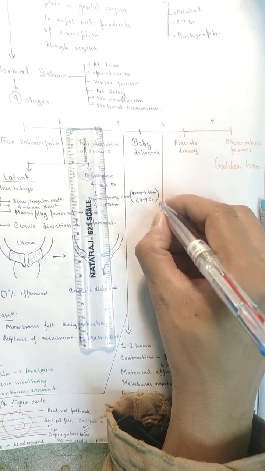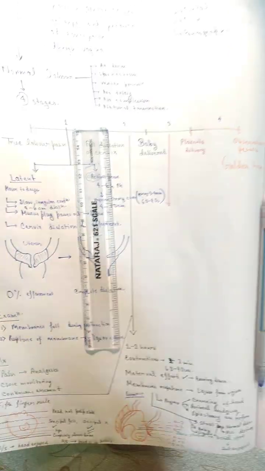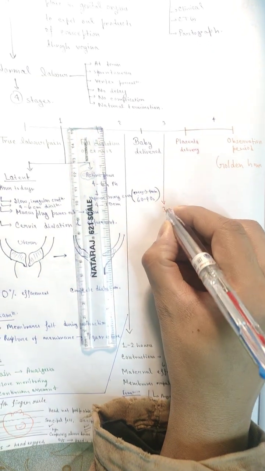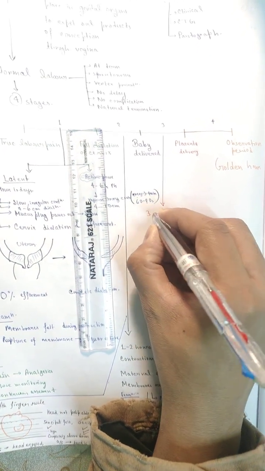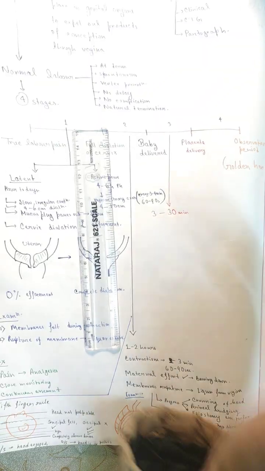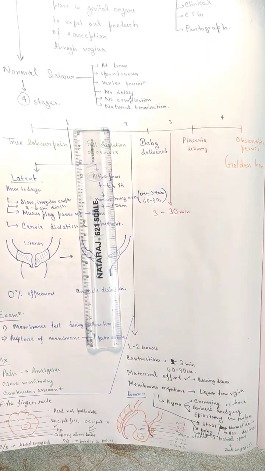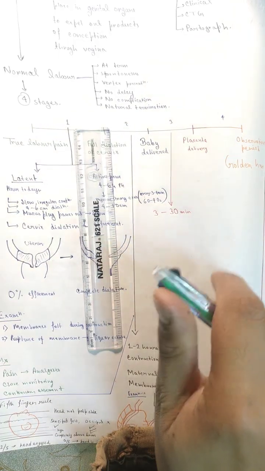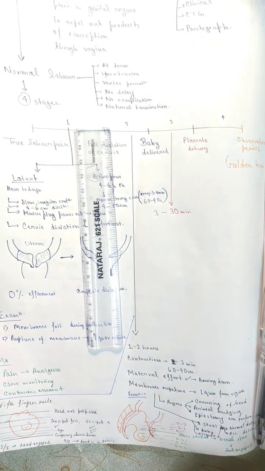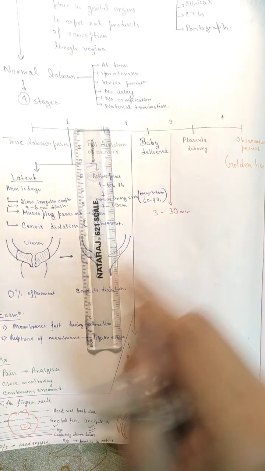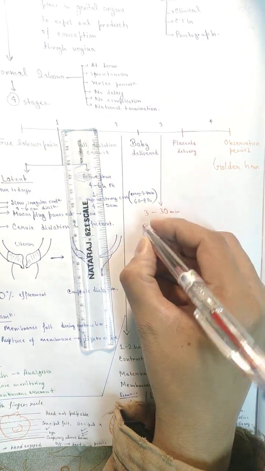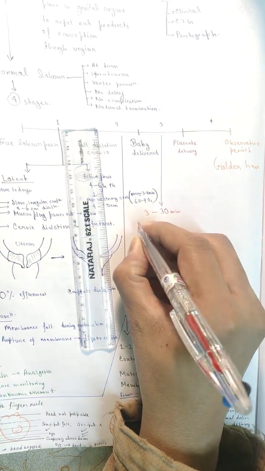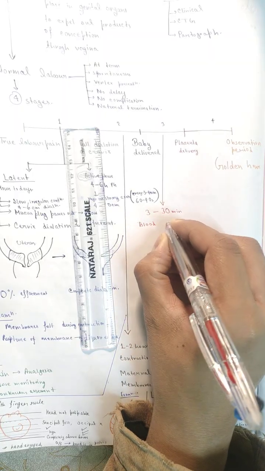let's talk about the third stage, from 3 minutes to 30 minutes. In this stage, what happens? The placenta comes out. For that, blood comes from vagina.